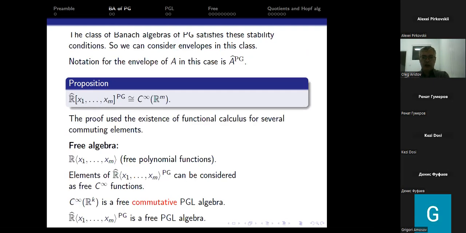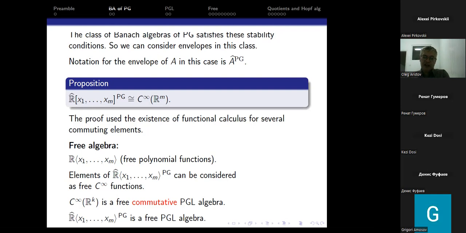And now we turn to free algebras. So consider the free algebra with M generators over real numbers. The elements can be considered as free polynomial functions. So I propose to treat elements of the envelope as free C infinity functions.